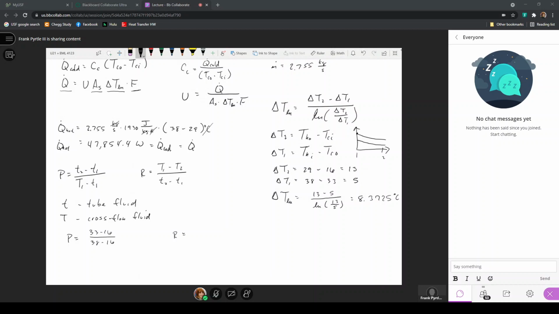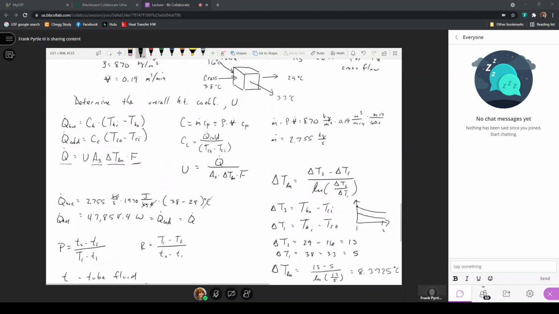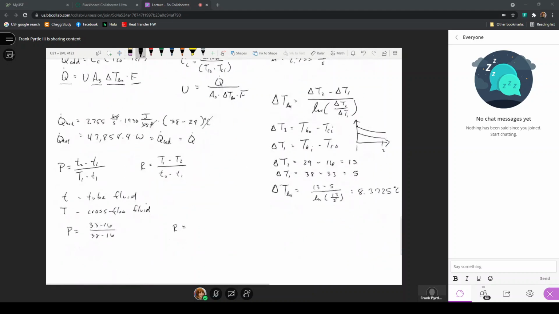And R is the temperature at the inlet of the cross flow fluid, which was 38, minus the outlet of 29, divided by t2 minus t1, here's lowercase t2, 33 minus 16. So let's calculate these quantities.